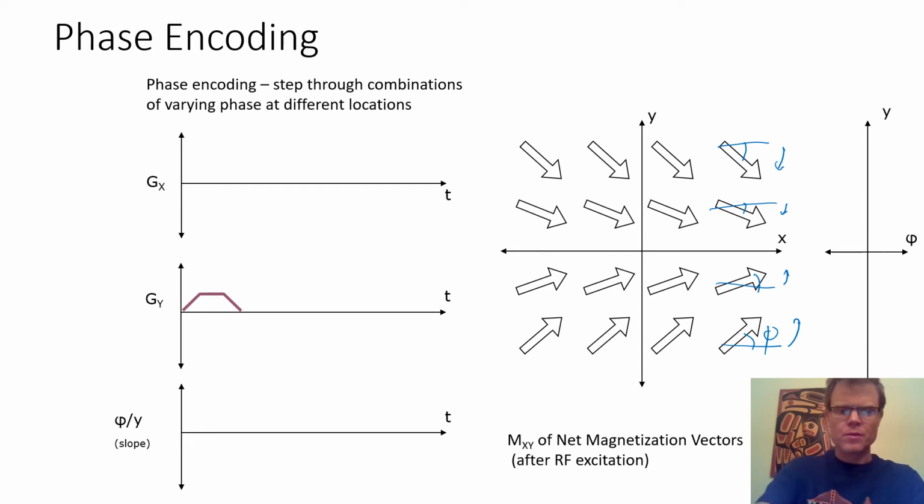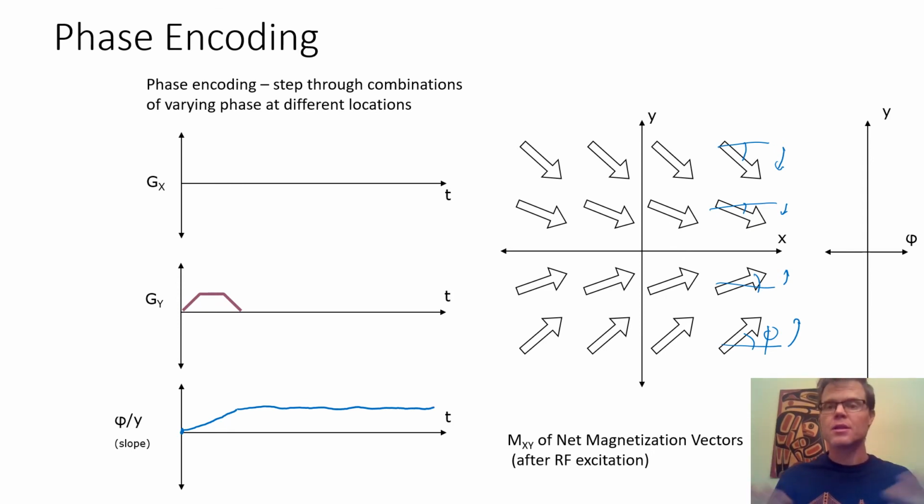So again, showing this over here in time, it's going to start after excitation with no phase change as a function of y. I'm going to turn the gradient on, which is going to cause some rotation, so there's going to be some phase that accumulates as a function of the y position. And then as soon as we turn the gradient off, this phase does not change anymore.